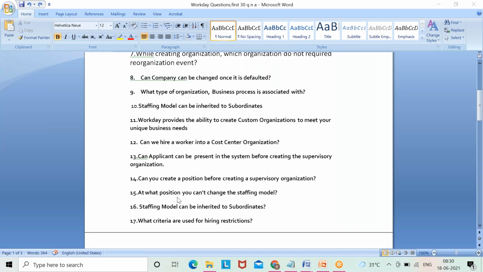It's not possible, we discussed. So what is the solution for that? You have to basically close that organization. First, move the positions out of the organization or close the positions. Then inactivate the organization and remove it from the hierarchy. In the same state, create a new supervisor organization with the required staffing model. Yes, we will do that scenario while we're hiring a worker.